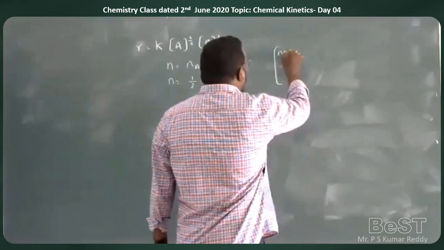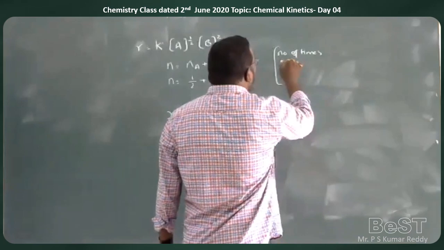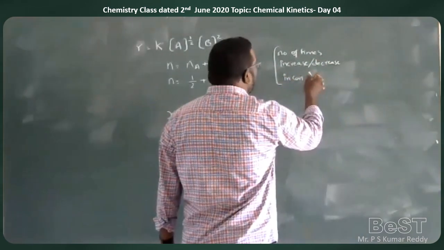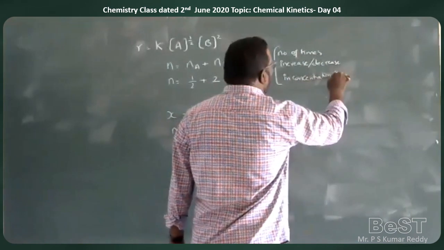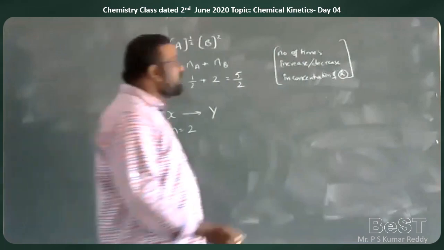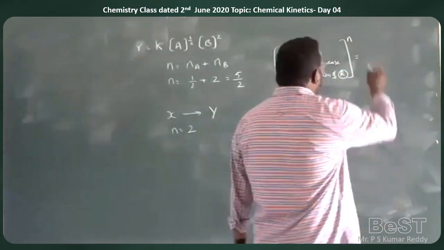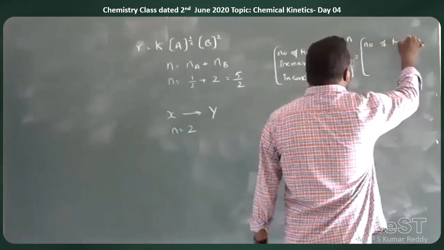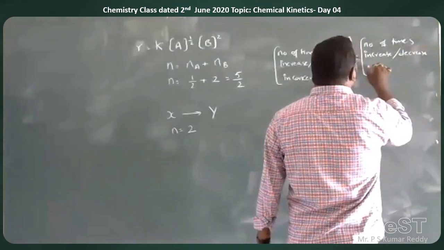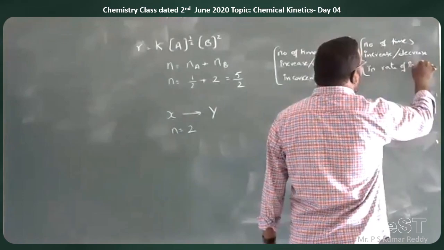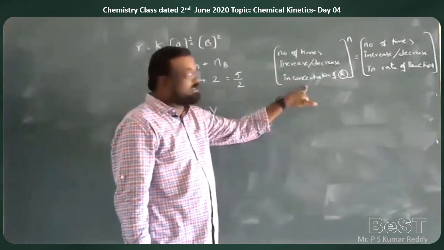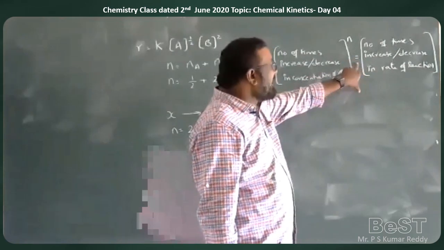The number of times increase or decrease in concentration of reactants, to the power of n, is equal to the number of times increase or decrease in the rate of reaction.